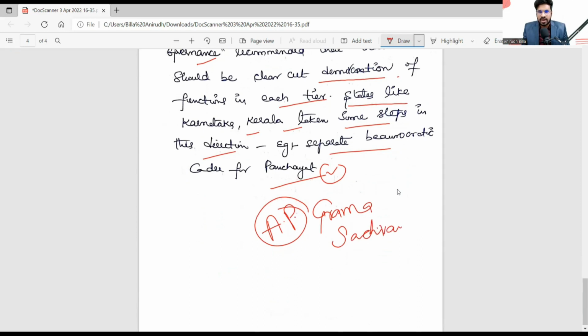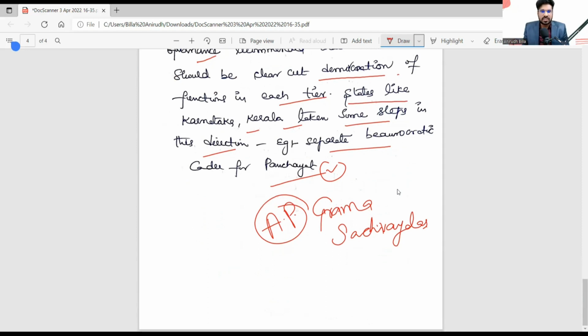What are Grama Sachivalayas, guys? Grama Sachivalayas are village secretariats, so that they address the problem of secretarial issues and also the technical issues. And here you can add some points on Telangana also. If you are reading some Telangana schemes related to panchayats, you can write that also. This we will see in our class, guys.